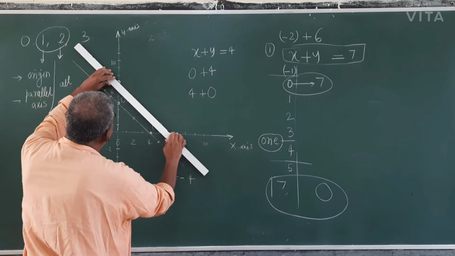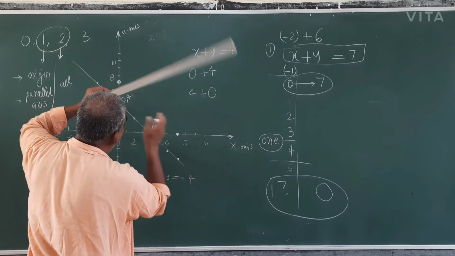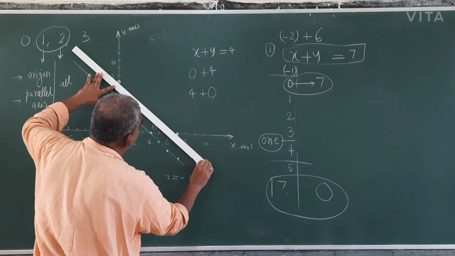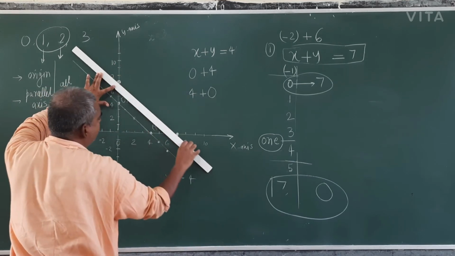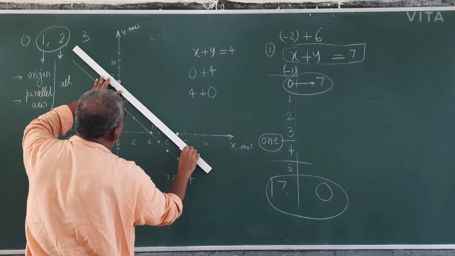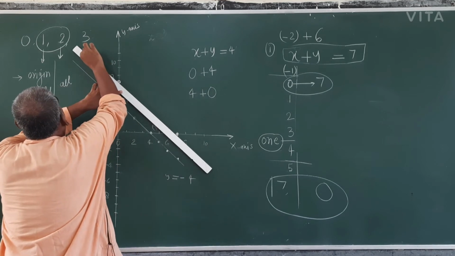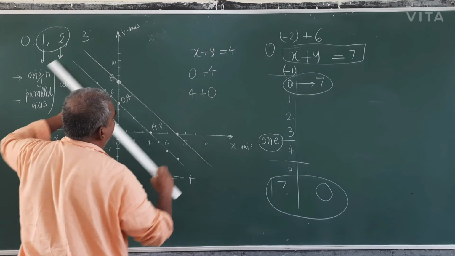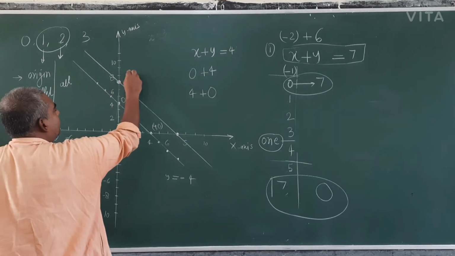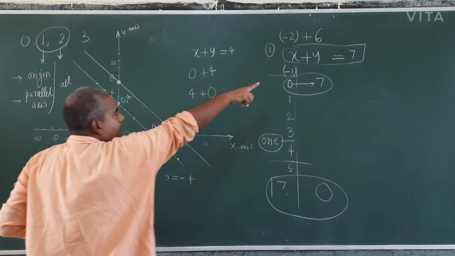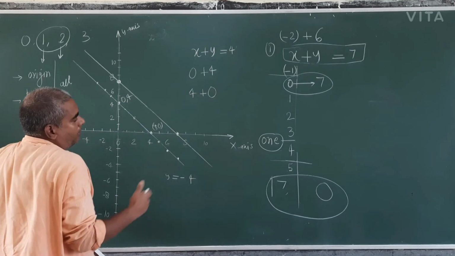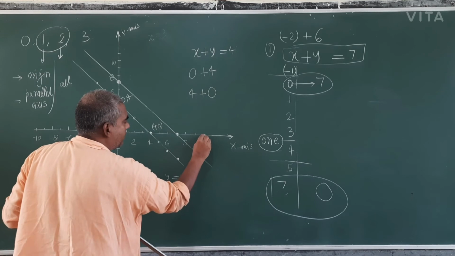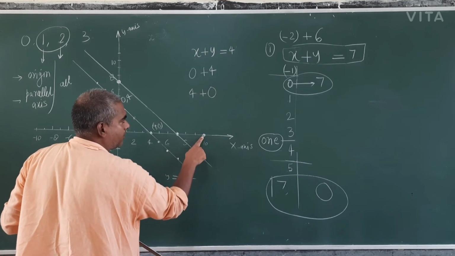When you draw these two lines in depth, you will see the application of this class in class 10th, and at that time you will remember me. These are parallel lines. This is x plus y is equal to 7. What about 10? Okay sir, you take 10 here, 10 means 10 comma 0.